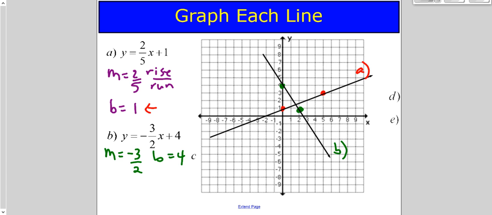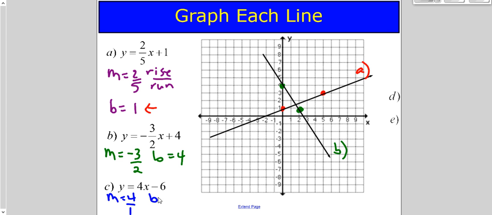So let's try C. Okay, so C is a little bit different here. Maybe I'll do this one in blue. I have a slope, and this time it's just 4. So it gives me a rise, but it doesn't give me a run. But that's okay because the run's actually there. We can put any number over 1 and it stays the same.